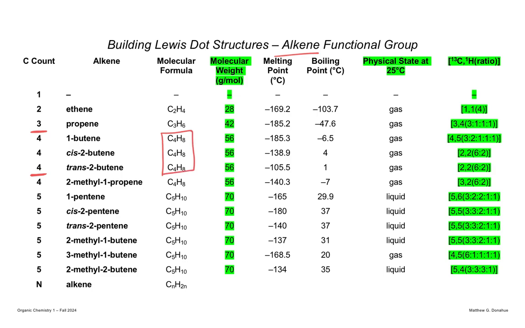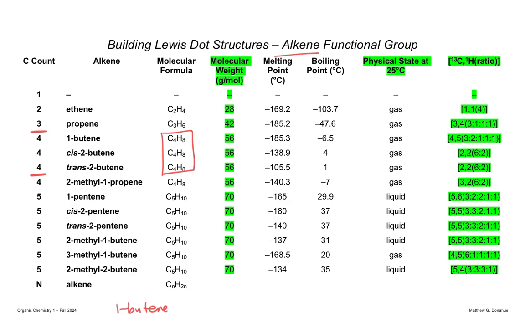And these have, if you look at the names, 1-butene, cis-2-butene, trans-2-butene. So these have some other information in there that helps differentiate them. So 1-butene.